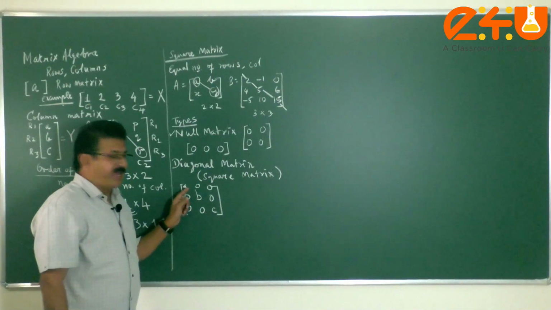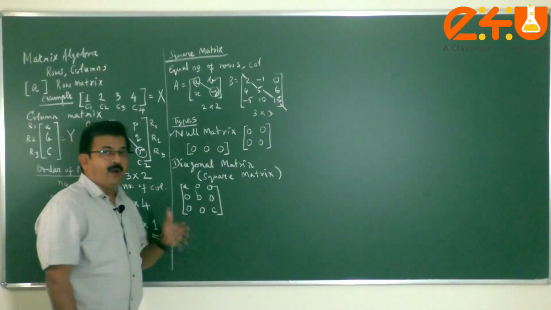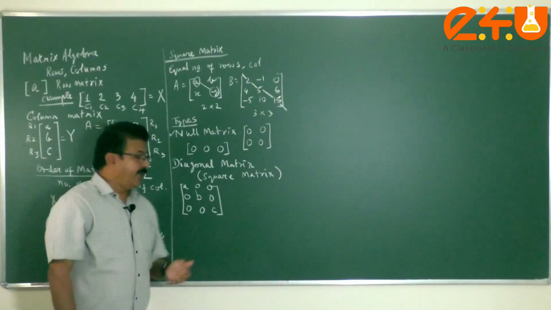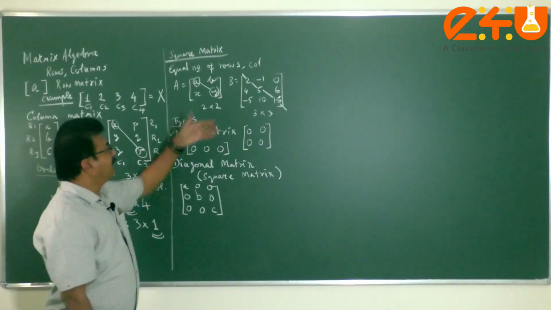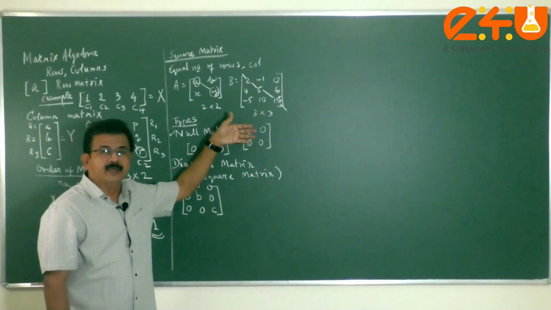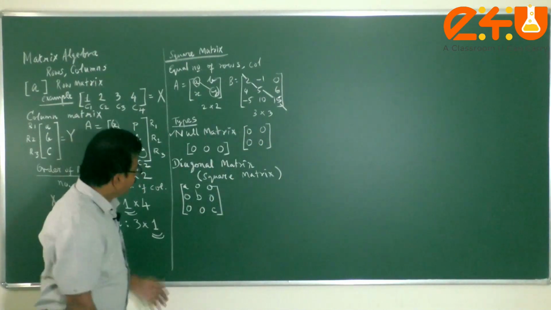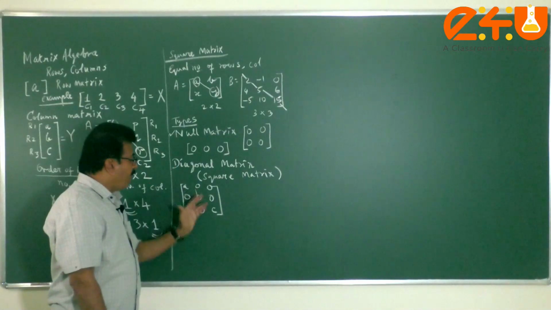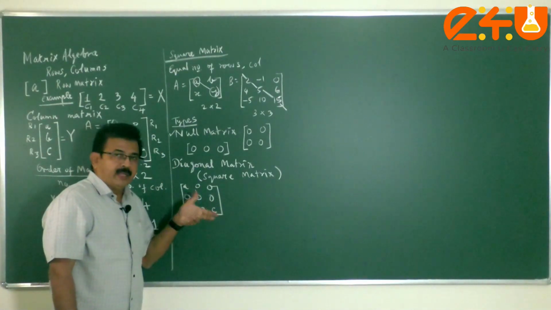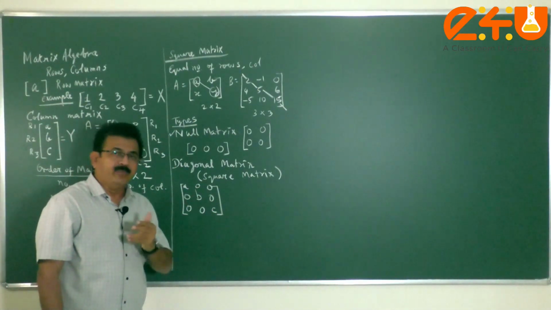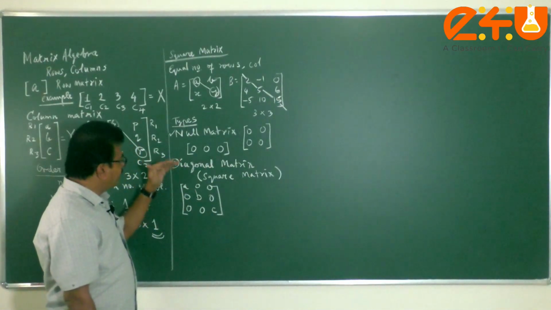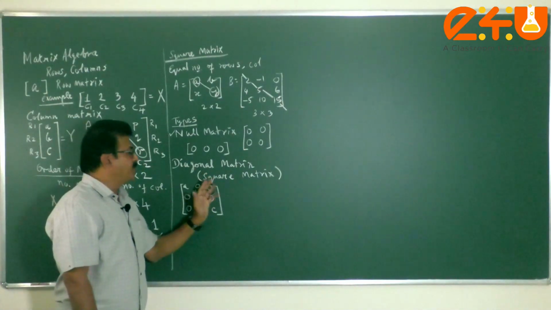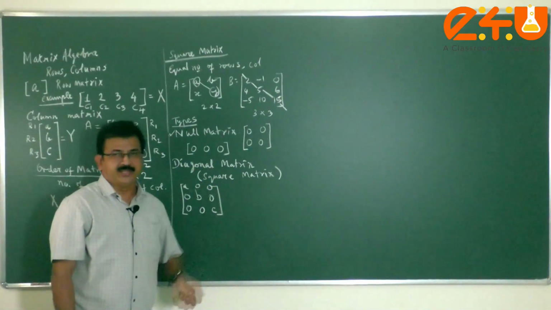It is permitted, it is fine to have any one or even two of them to be zeros. If all are zeros, then you have the previous definition, it comes under null matrix. Am I right? So in this case, A, B, C, one or more but not all entries can be zeros. Fine, but as long as all other entries are zeros, we call it a diagonal matrix.